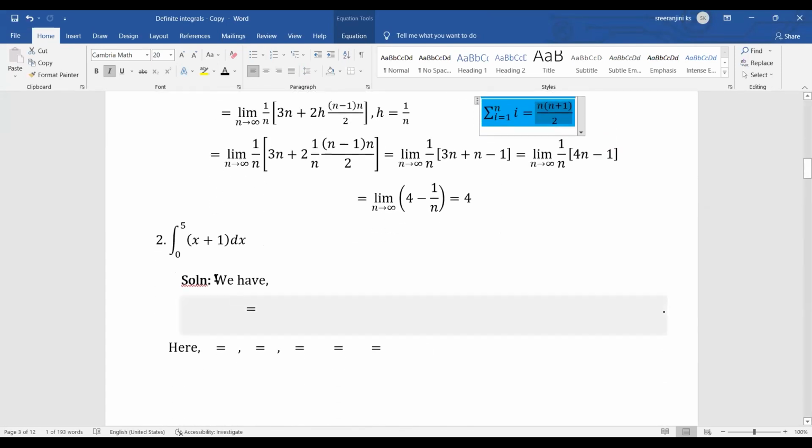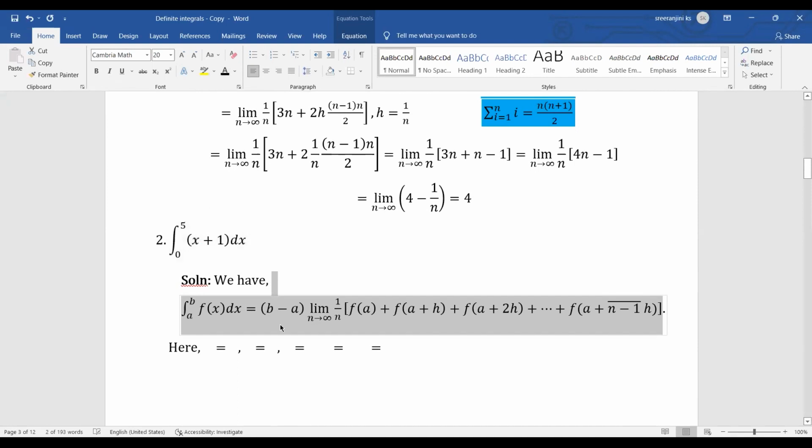Yes. Okay. Next problem. Integral 0 to 5 of x plus 1 dx. Starting with the formula. Integral a to b f of x dx is equal to b minus a, limit n tends to infinity, 1 by n, f of a plus h plus f of a plus 2h plus etc. plus f of a plus n minus 1 h.